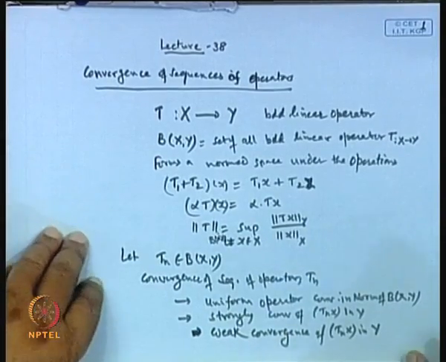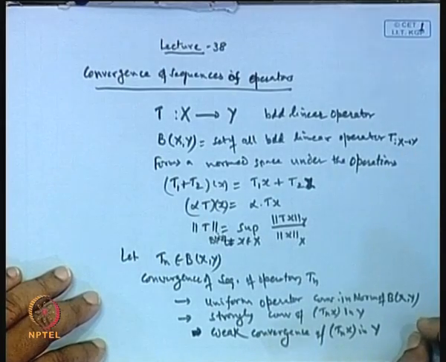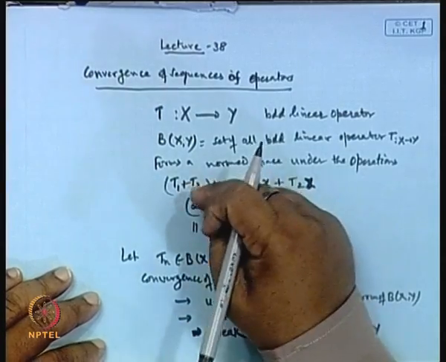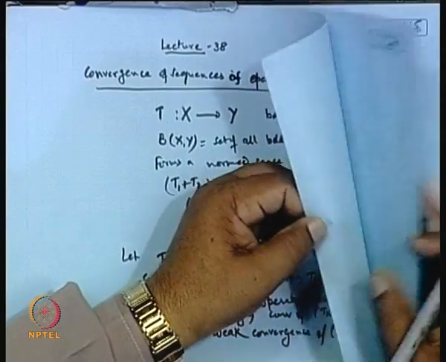Now, we first define what these concepts are, and then find out the relations, whether 1 implies 2, 2 implies 3, or vice versa is also true. All these things we will see. So, let us see how to define these.